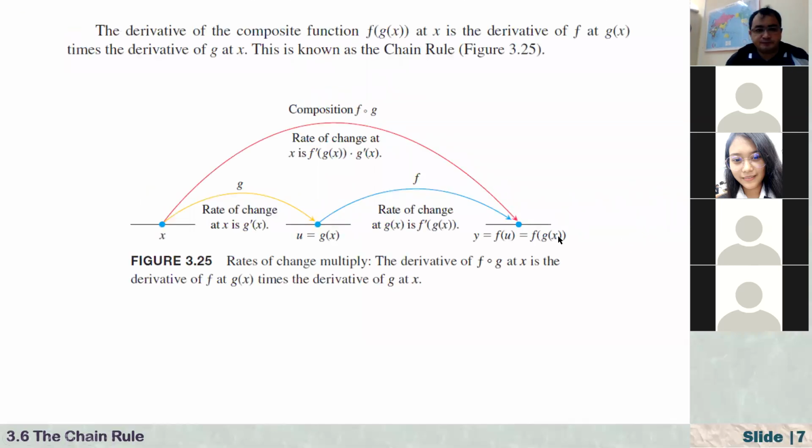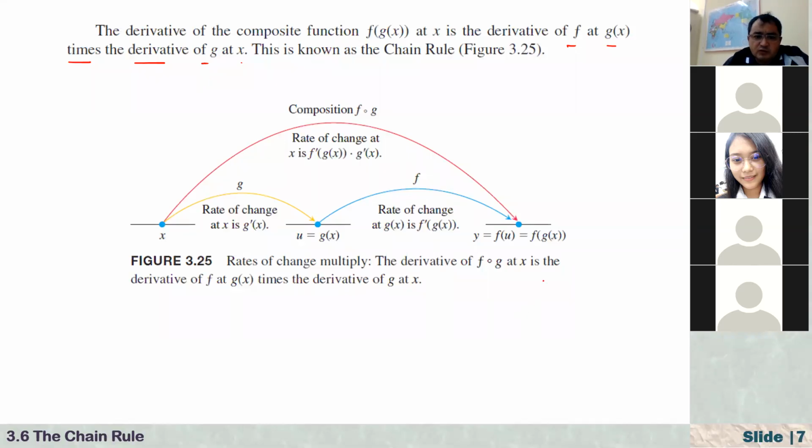Okay, so now what's going on here? The derivative of the composite function f of g of x, where f is a function of g and g is a function of x, at x is the derivative of f at g of x multiplied by the derivative of g at x. This is known as the chain rule.